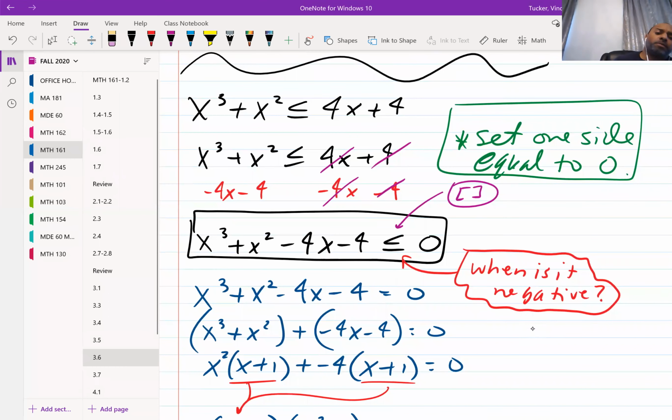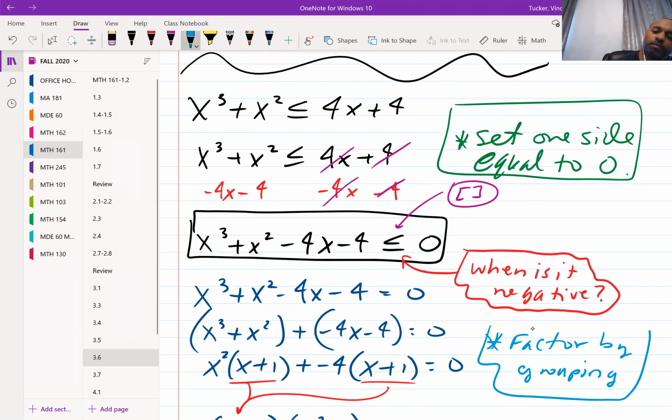I have 4 terms, so I'm factoring by grouping. Group together the first 2, group together the second 2.